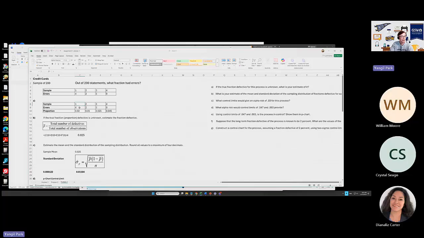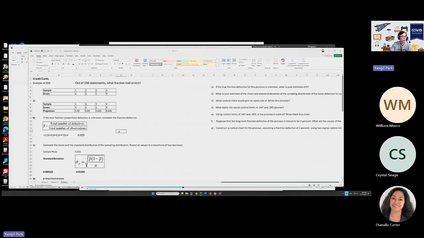They found 4 errors the first time, 2 errors second, 5 and 9. We want to find the proportion of that error out of 200. So we take 4 divided by 200, 2 divided by 200, 5 divided by 200 and so forth, and you get those proportions.